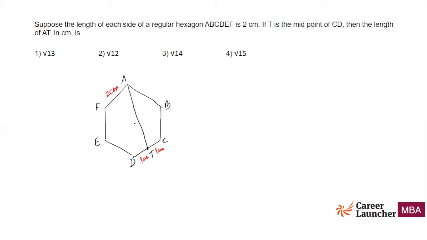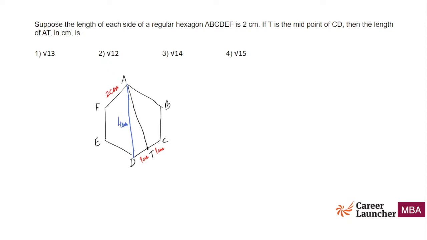Now, the longest diagonal which joins the opposite vertex of a regular hexagon is twice the side, and the angle at D is going to be 60 degrees. The angle over at A or at T will be difficult to figure out.